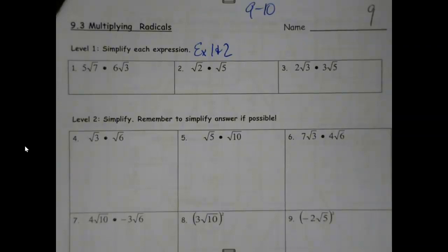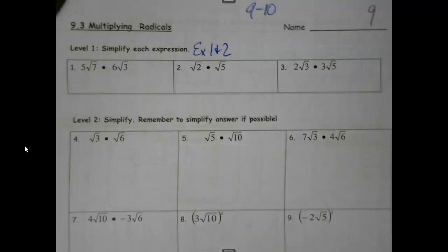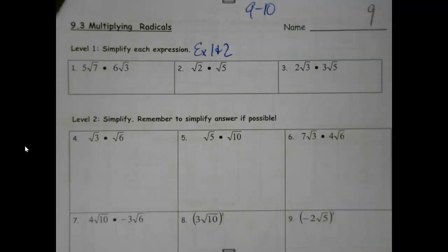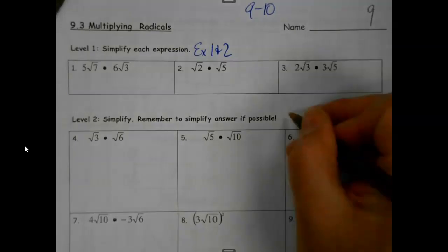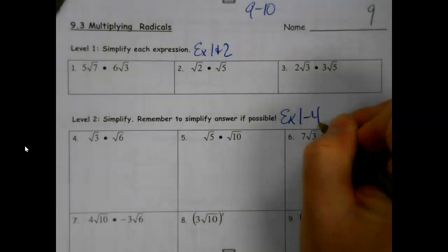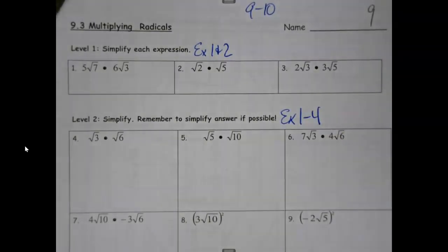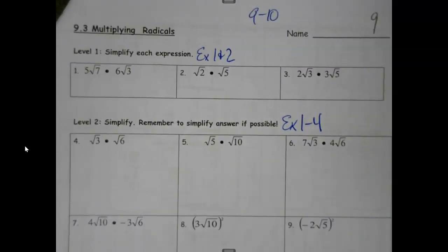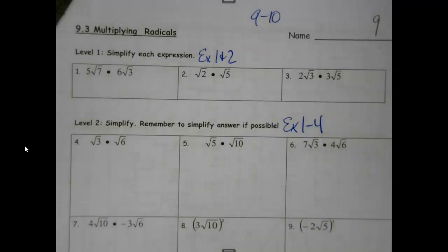Even when you get to level 2, we're not looking at a whole lot that's different. There's not one in here that's not similar to the examples that we were doing in those first 4 problems. So, don't have to mess with a whole lot. Now, when we get to the back, that might be a little different of a story.